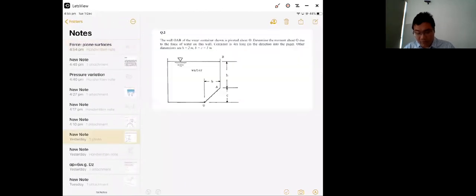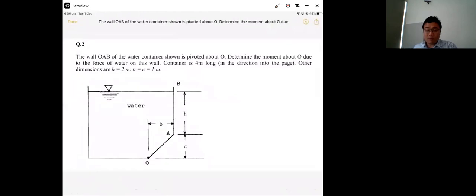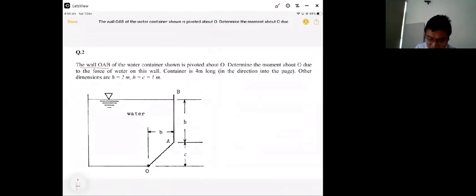The first question is about force on plane surface. You have a wall OAB of the water container, which is pivoted about O. You have O here.